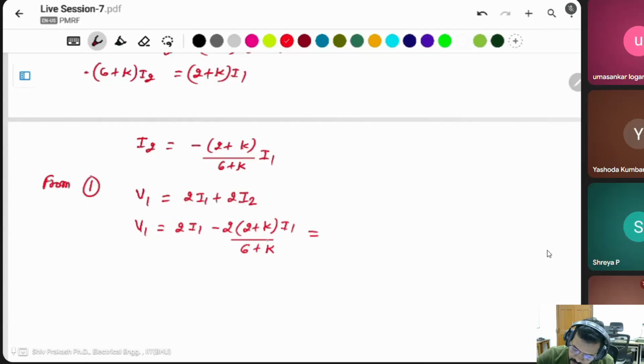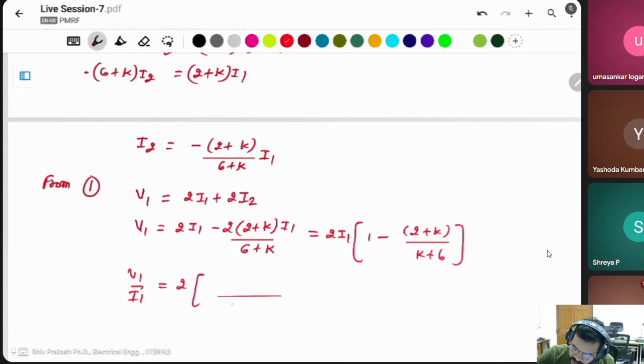This will be, if you take the common of 2I1, then this will be 1 minus of 2 plus K divided by K plus 6. This will be V1 by I1 is equal to 2.